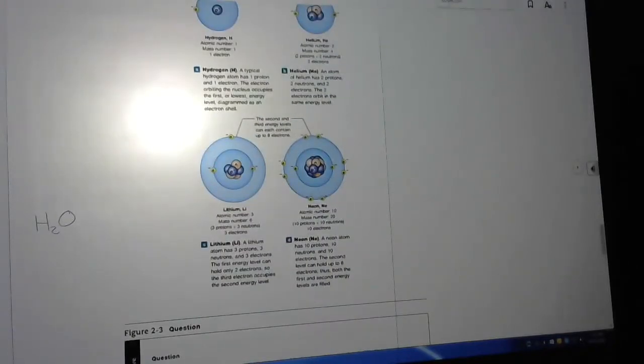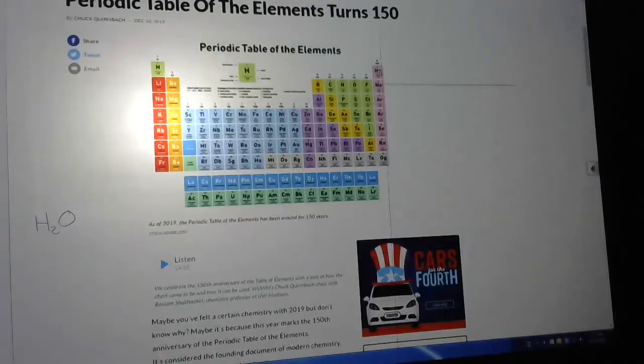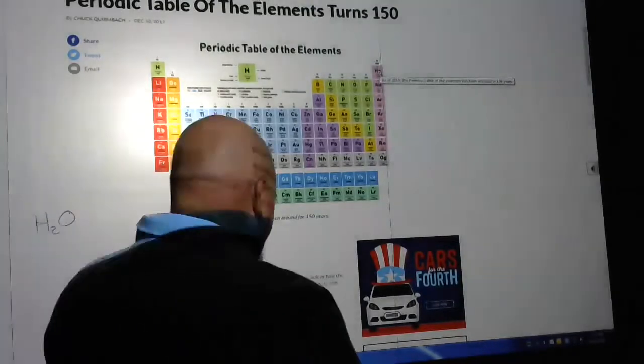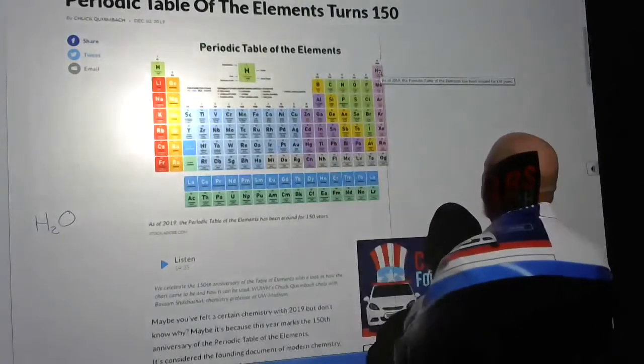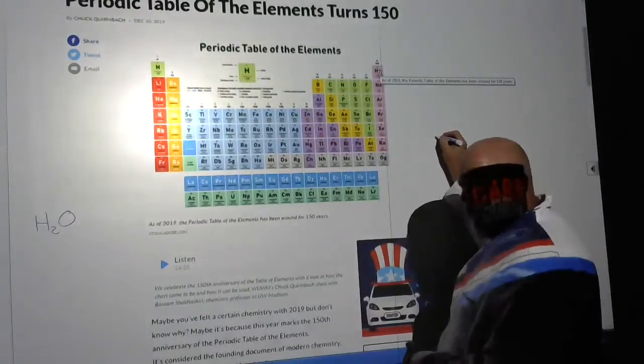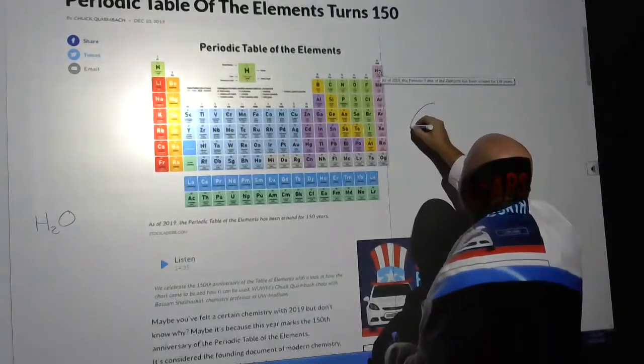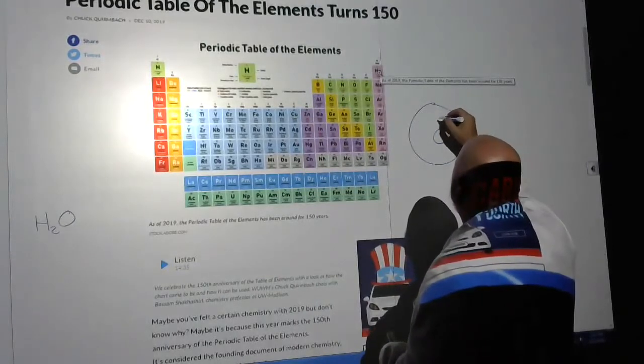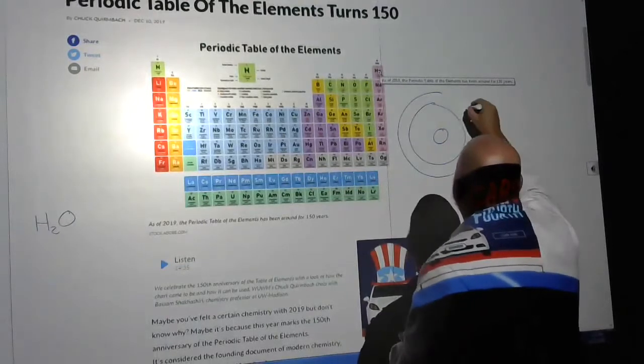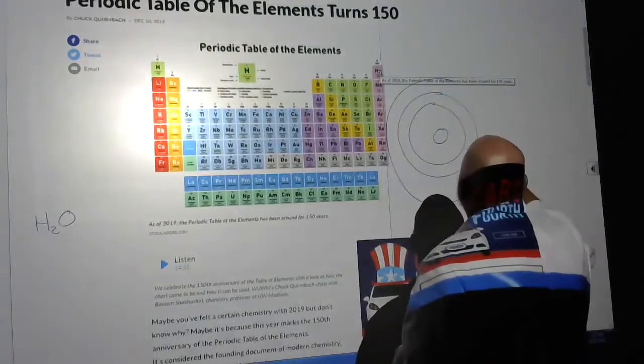Let's shoot over there real quick. We said before neon had 8 in its outer shell. How many in the first shell? So we draw the nucleus, rather, and a shell, and another shell, and one more shell.